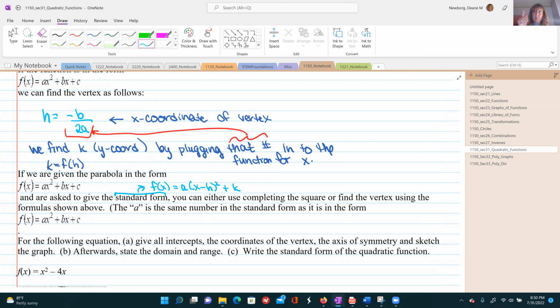So that's what goes in parentheses, x minus whatever that number is. The a that's out in front of the parentheses is the same number that's in front of x squared. So the a doesn't change going from one form to the other. Then we can use the formula to find the h, and then we can plug in whatever number we get for h into the function to find our k, and that's what goes on the outside. And we'll see examples of that.